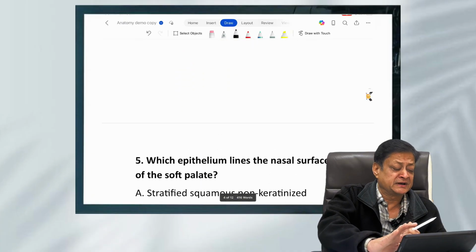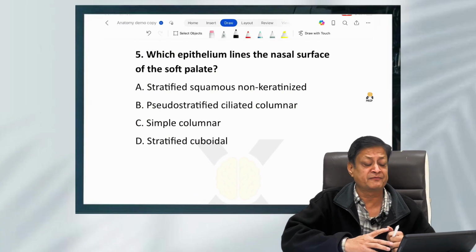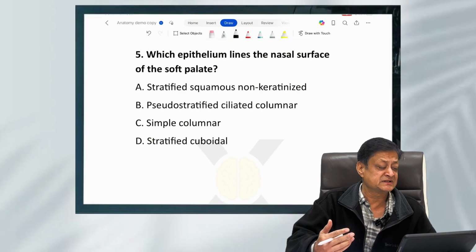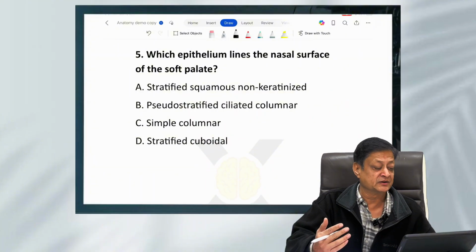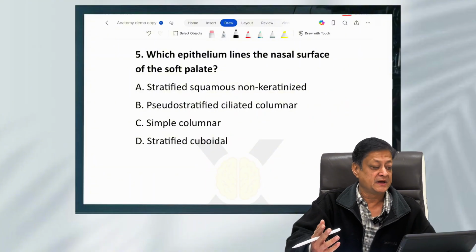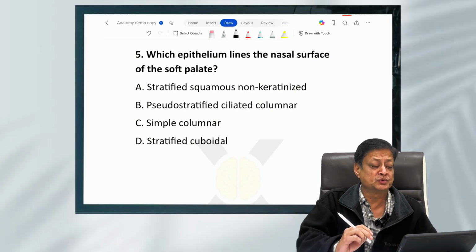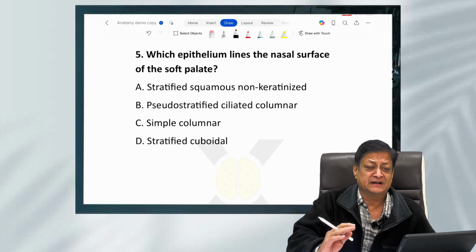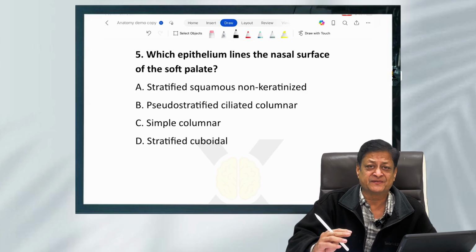Let us also complete the discussion regarding the next type of epithelium, on the nasal surface of the soft palate. There are four choices: stratified squamous non-keratinized, pseudo-stratified ciliated columnar, simple columnar, and stratified cuboidal. Our answer is B, that is pseudo-stratified columnar ciliated. The soft palate has a nasal surface and an oral surface.